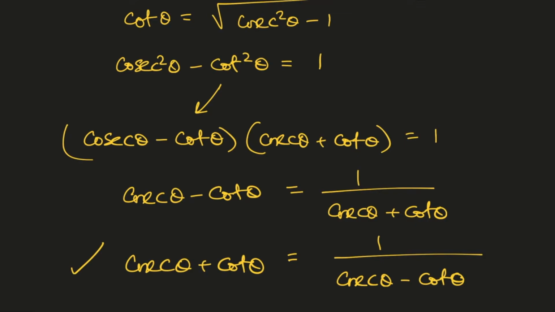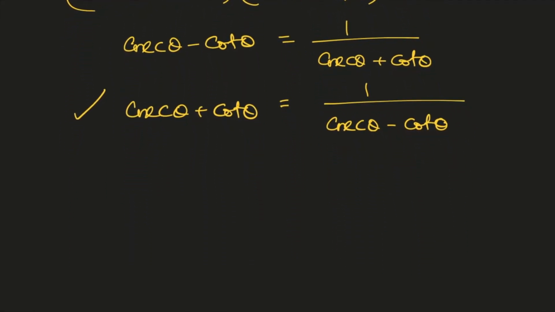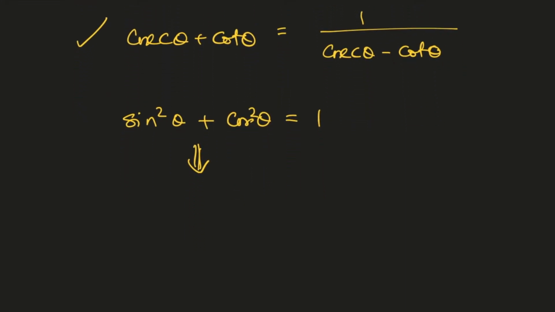right? And another thing that we need to remember here is we know that sine square theta plus cos square theta is equal to 1. Now, if you divide this entire expression by sine square theta into cos square theta, what do we have?